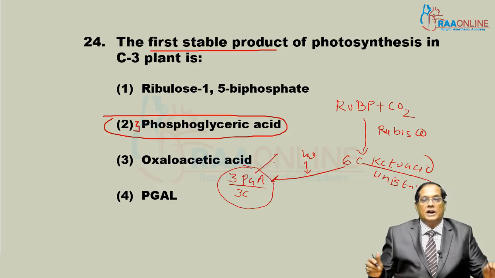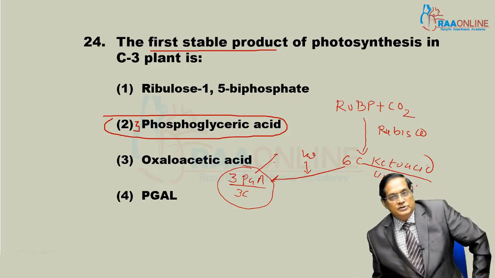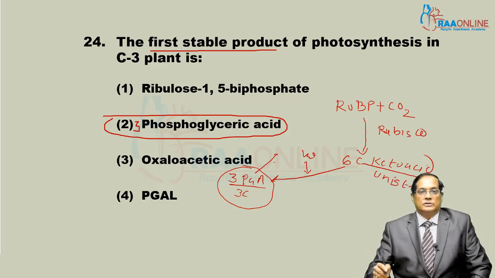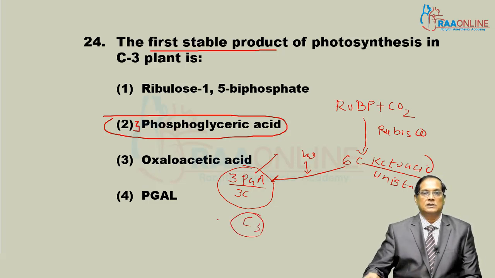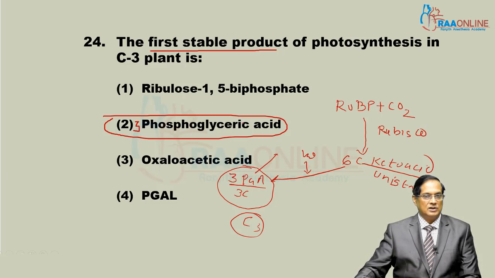And all those plants in which 3-PGA is the first stable product of photosynthesis are called C3 plants. So the answer is 3-PGA.